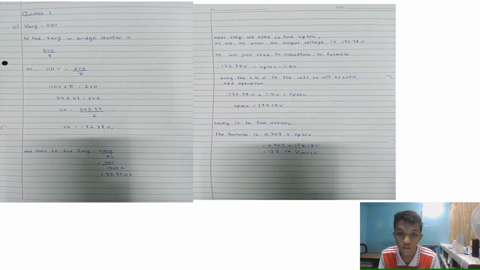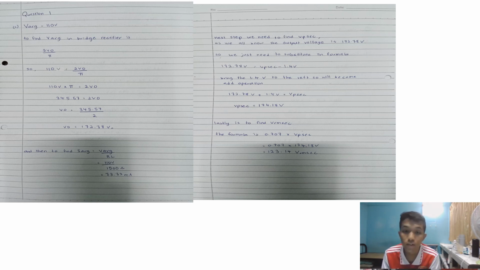So we substitute into the formula: 172.78 volt is equal to VP secondary minus 1.4 volt. Bring the 1.4 volt to the left, so it becomes an add operation: 172.78 volt plus 1.4 volt is equal to VP secondary. VP secondary is equal to 174.18 volt.